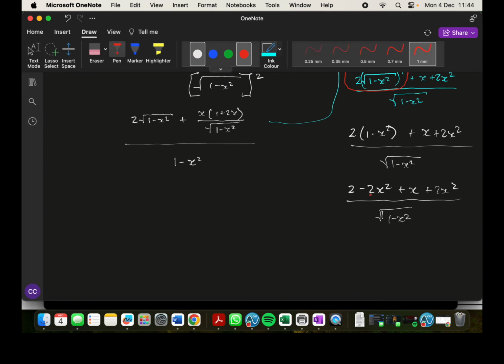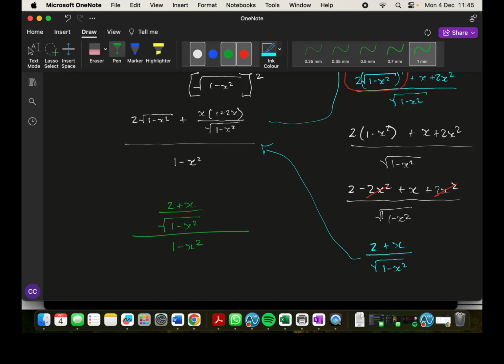Well, these cancel. So my final denominator turns into 2 plus x all over the square root of 1 minus x squared. Taking this back up and rewriting our thing, I'd have 2 plus x over the square root of 1 minus x squared all over 1 minus x squared.